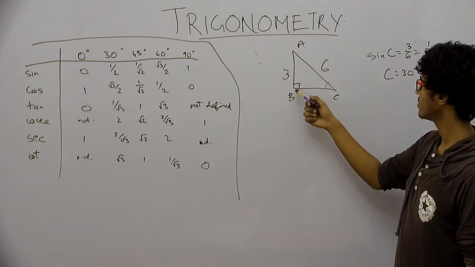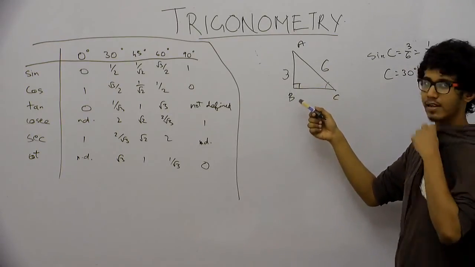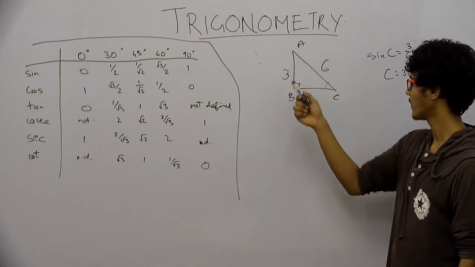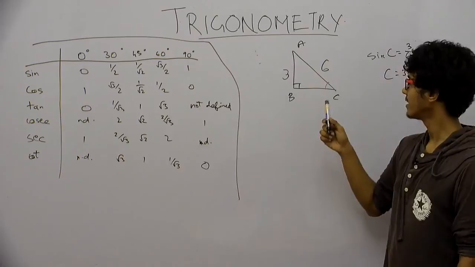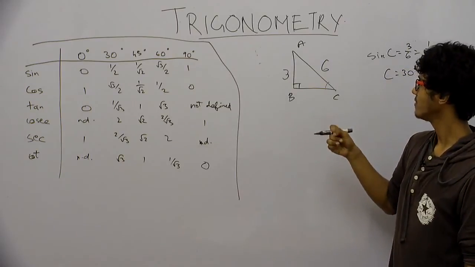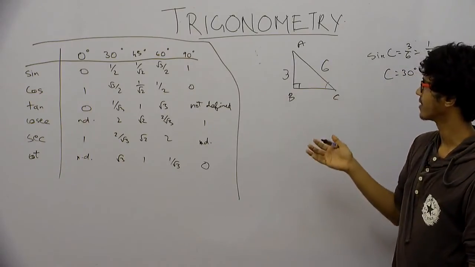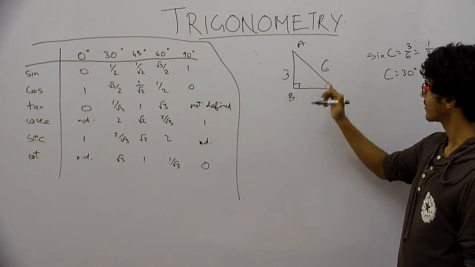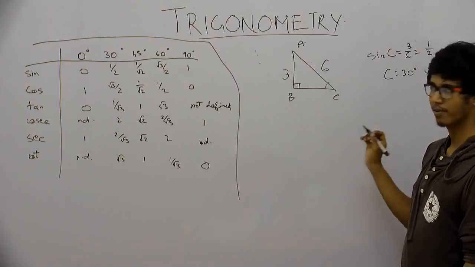Since we know B is a right angle, we can obviously calculate this from the angle sum property, that is the sum of all angles is 180 degrees. But let's solve using a different approach. Now we know these two lengths, we can find BC by Pythagoras theorem.